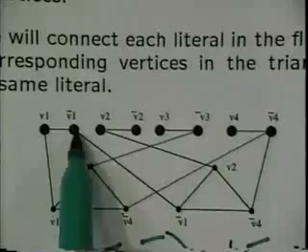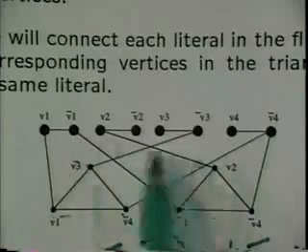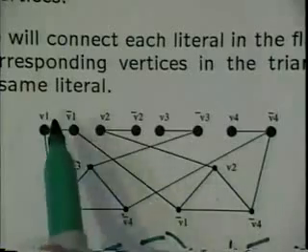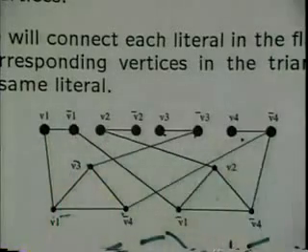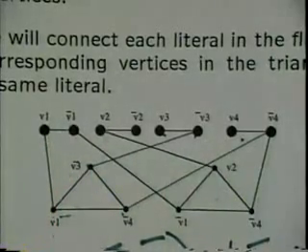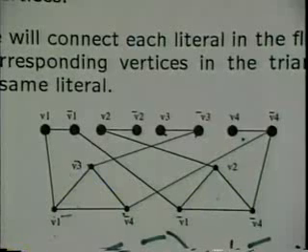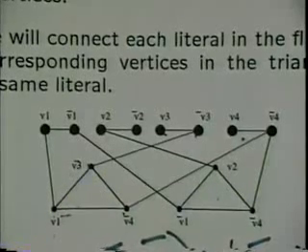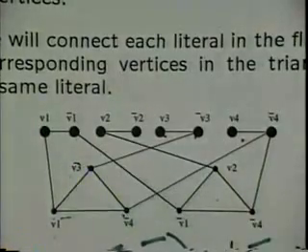So what am I saying here? I'm going to build a graph which is going to contain a triangle for each clause, a pair of vertices for each variable, and some extra edges. Okay, I'll tell you how to build the extra edges in a second. But what's the point about the vertex cover of this thing?